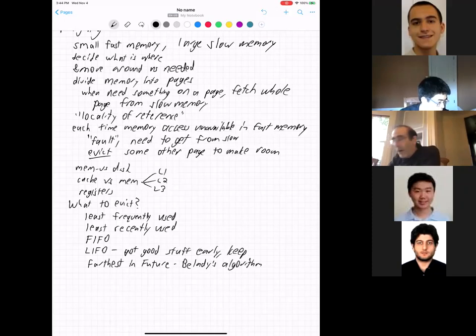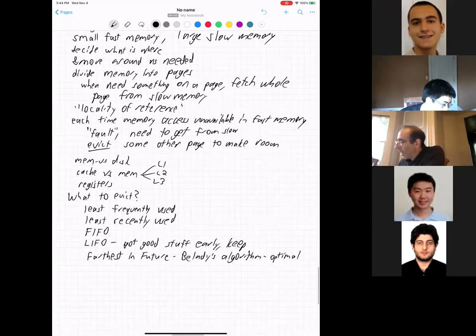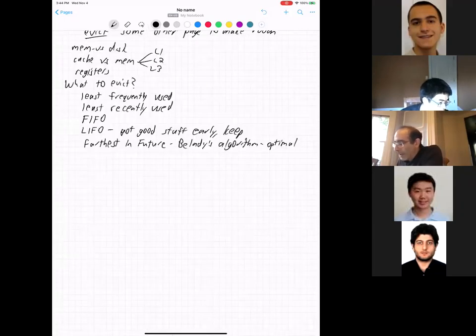So the question is, how well do these do? How can we analyze them? Okay. So it turns out that Belady's algorithm is actually optimal. This is what you should do. The problem is that it requires knowledge of the future. Okay. These other algorithms, however, are online. And the question is, what can we say about their competitive ratio? Okay.